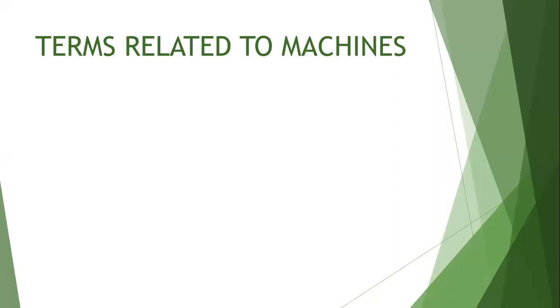But this is a completely new topic to us. We have not studied machines in 9th, 8th or 7th standard. We were introduced to machines somewhere in 6th standard, but we hardly remember what we studied.